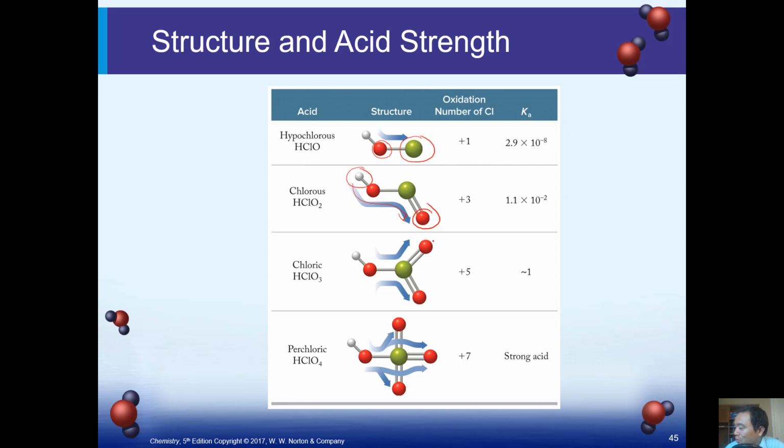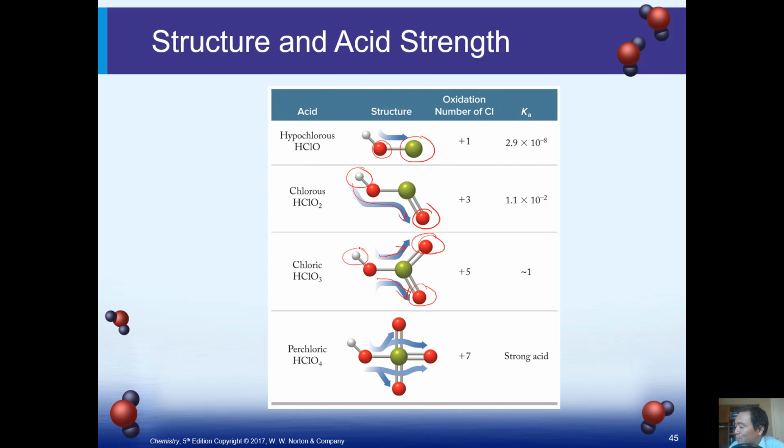If you have two extra oxygens compared to the first one, then more electron density will be pulled away from this hydrogen ion, which means the acid becomes more easily ionized. Remember, electron density is pulled away, which means hydrogen is almost becoming H+, which is the ionization process.